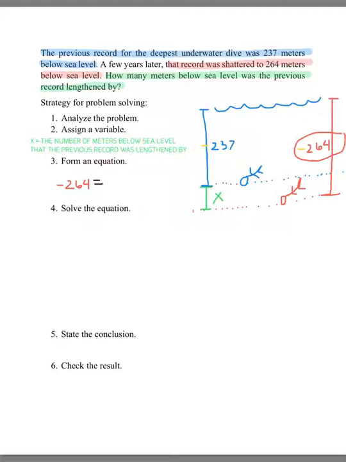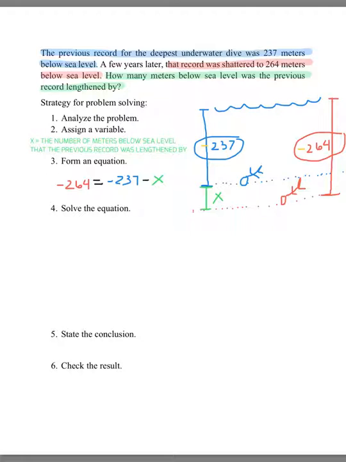And that's equal to the previous record, which was 237 meters below sea level, which is again represented using a negative sign for the term below. And now what happened is we had to go further down below sea level, so we want to subtract it to make it a little bit more negative. And that quantity that we went down is going to be our variable x. So that's going to be our equation.